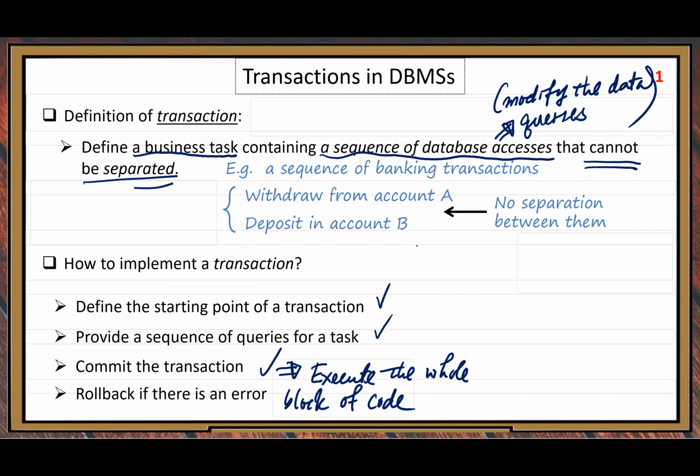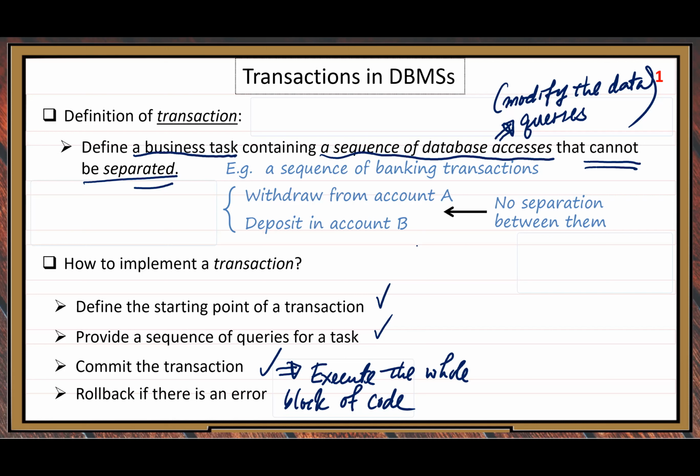What is the end? You need to issue some action called the commit action. Commit. So you put a group of query operations together, but you need to tell the DBMS to execute this block of code. So you send a command called the commit command.